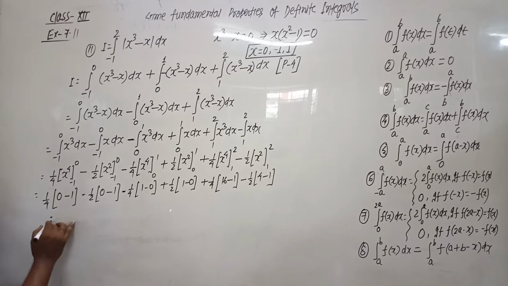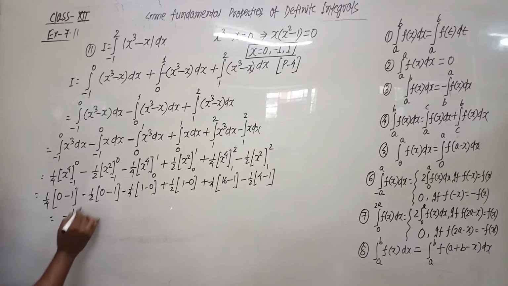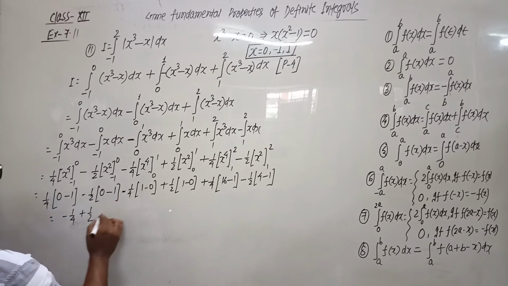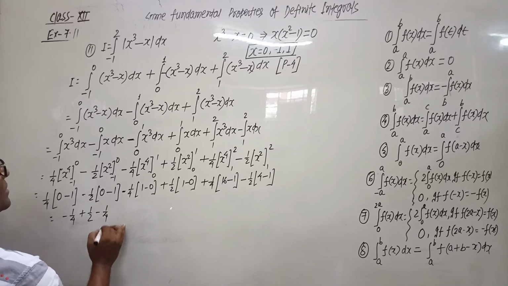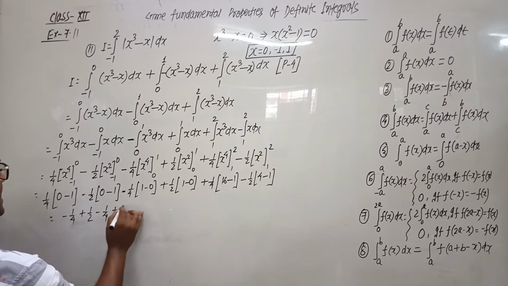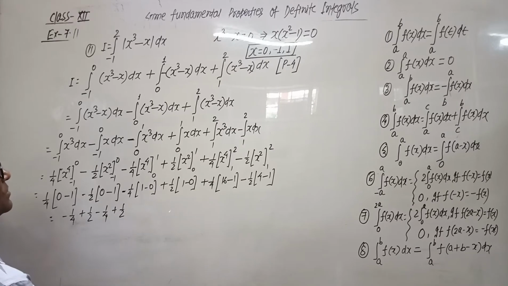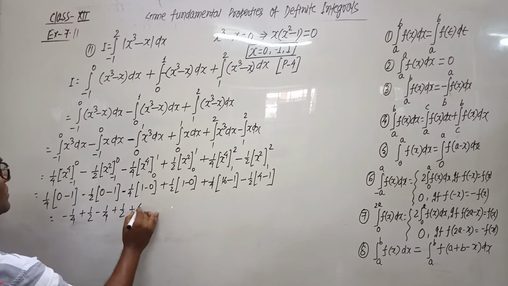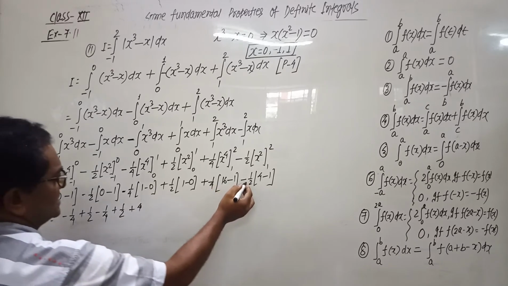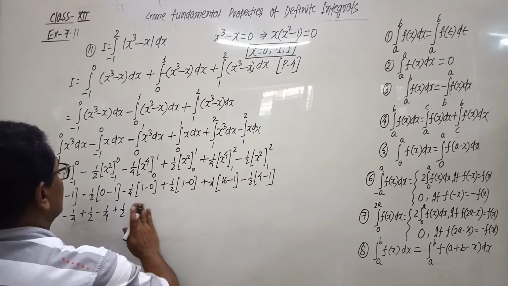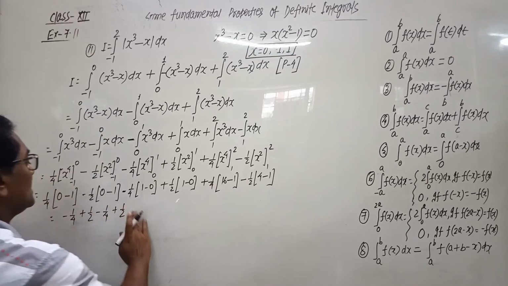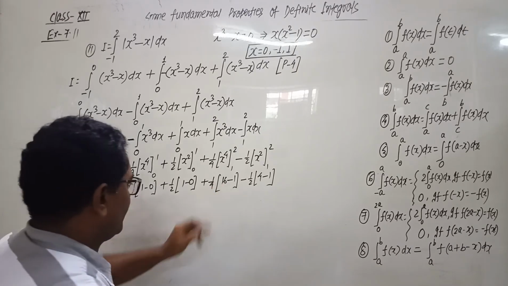So it gives minus 1 by 4, minus minus plus 1 by 2, and then minus 1 by 4 and plus 1 by 2. Then 16 divided by 4, we get plus 4, and minus 16 minus 1, 15.